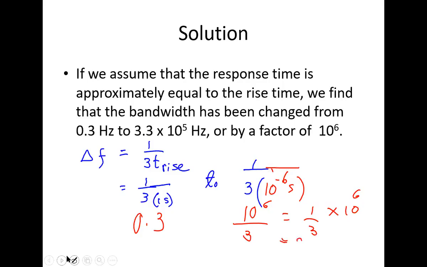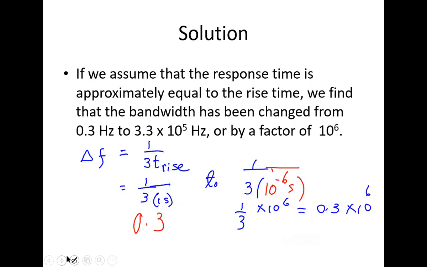And that is equal to 0.333 times 10 to the 6th. That is going to be 3.33 times 10 to the 5th.